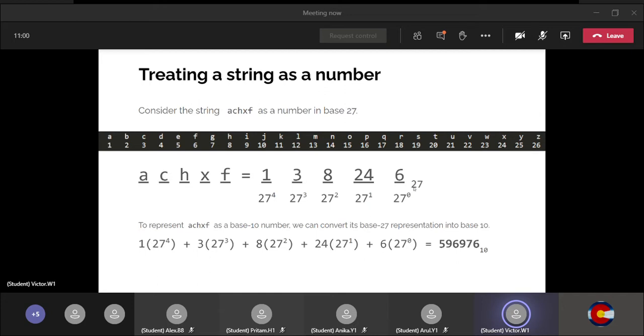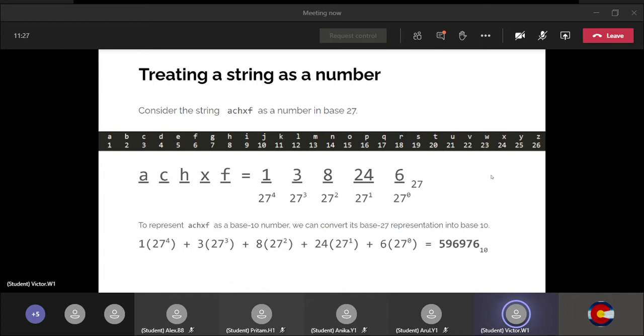Let's say we're in base 3. Then you could increase this digit by 1, so instead of an H you have an I, and then change this 24 into a 21. That would actually lead to the same hash. ACHXF would have the same hash as ACIUF.